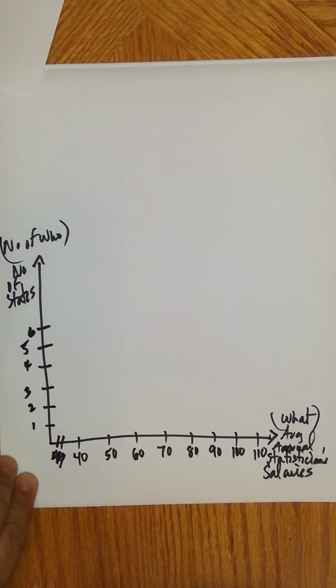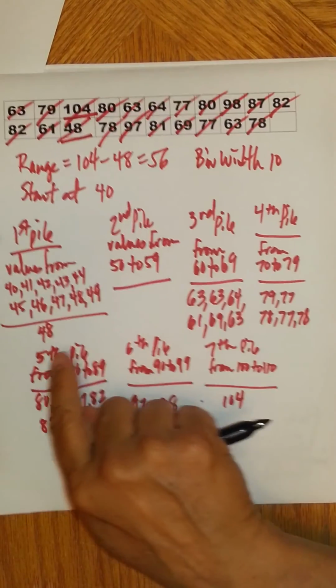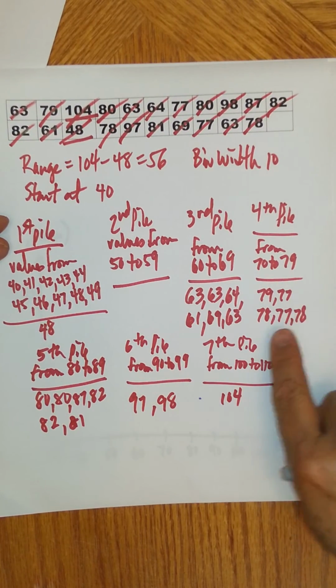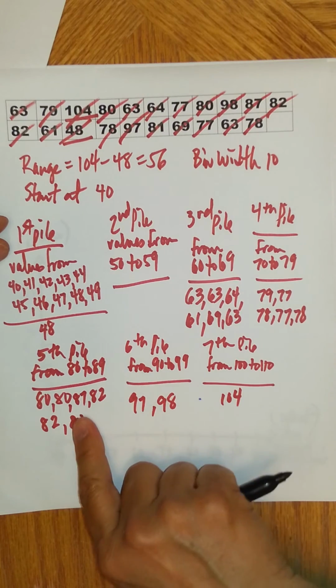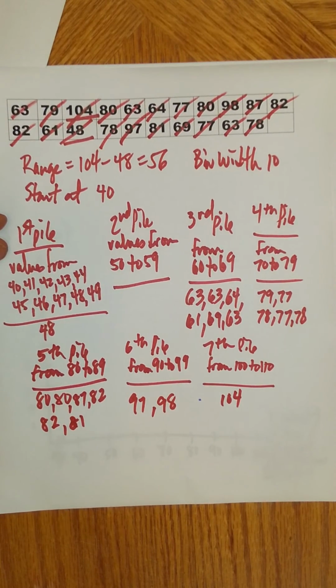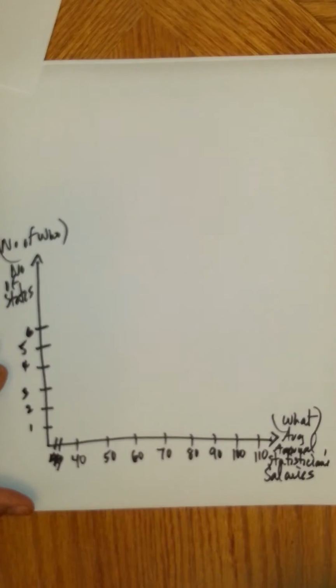Right. And finally, let's go ahead and represent them. So in the first pile, let's take a look here again. We had 1 value. In the second pile, we had no values. Third, we had 6. Fourth, we had 5. Fifth, we had 6. Sixth pile we have 2, seventh pile we have 1. So let's go ahead and represent that.